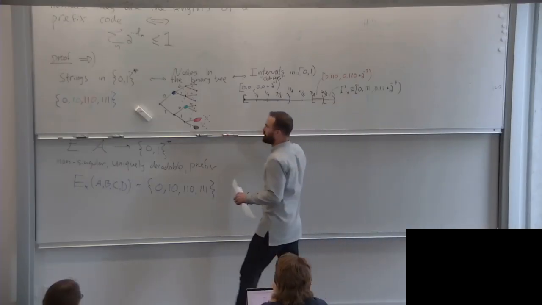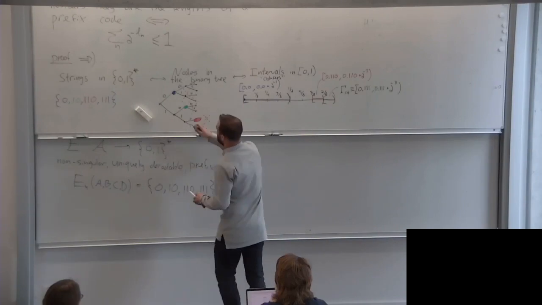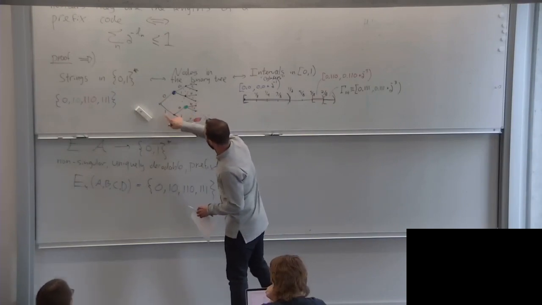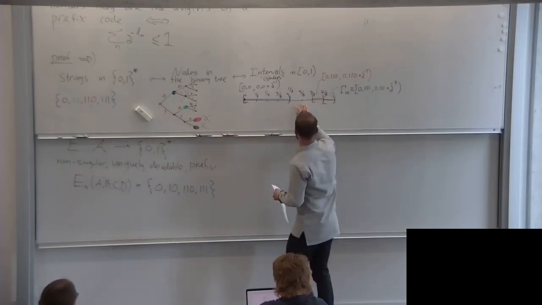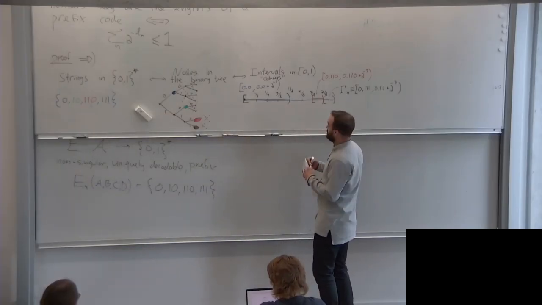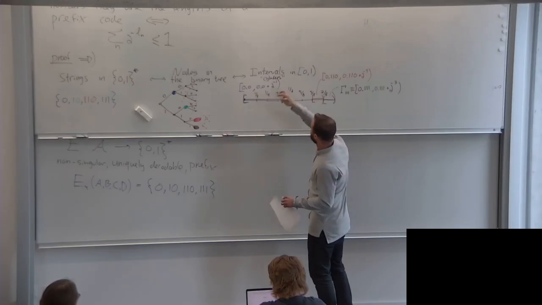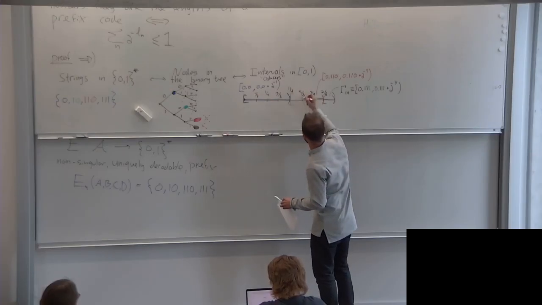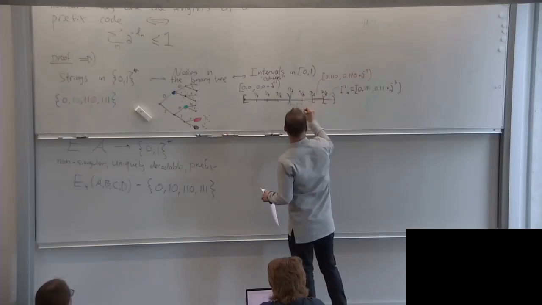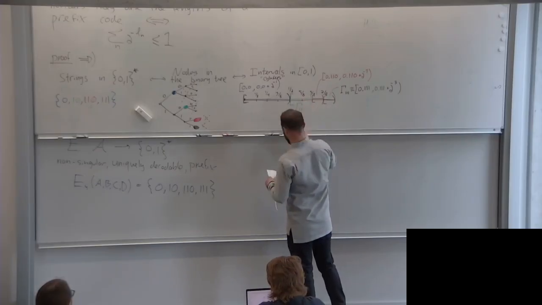Okay, and I think we can complete it with the green. The green is the code word 1, 0. But when we represent it here, we can think of it as the set of all real numbers whose binary expansion starts with 1, 0. And that is precisely this, gamma of 1, 0.